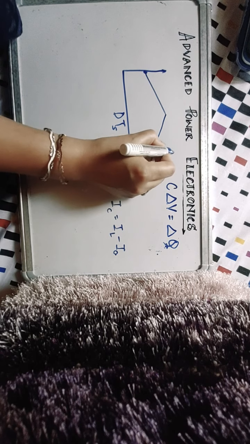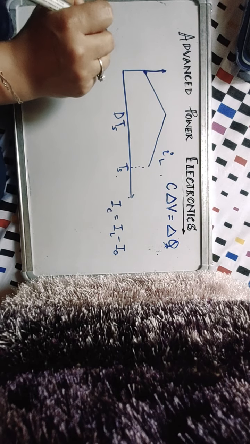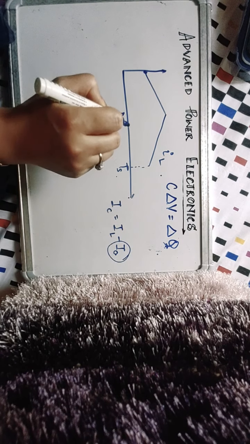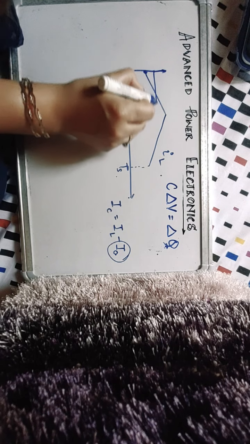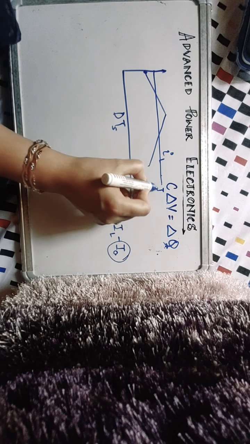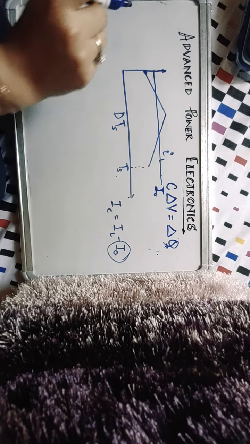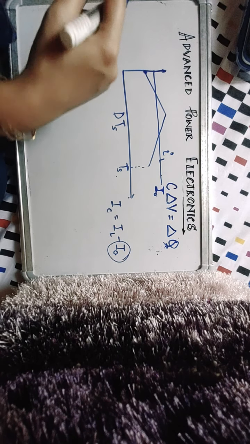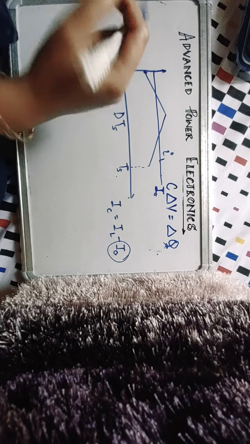This is how my inductor current looks. And the output current is the average of this inductor current, say I naught, and I'm neglecting its ripple. This is also called the ripple-free approximation in DC to DC converters, where you generally neglect the ripple in the output current.